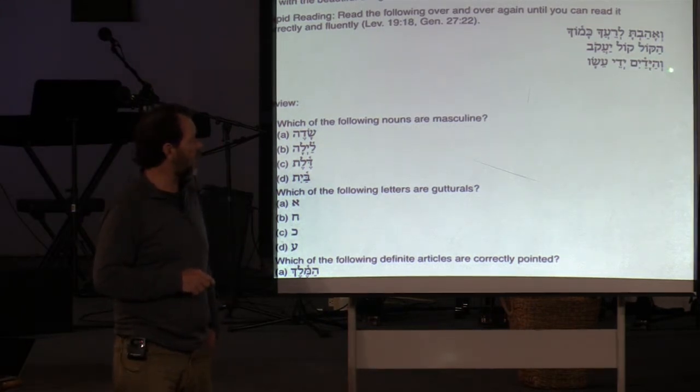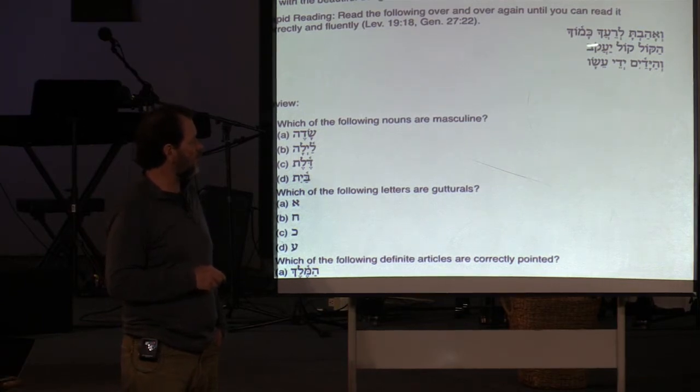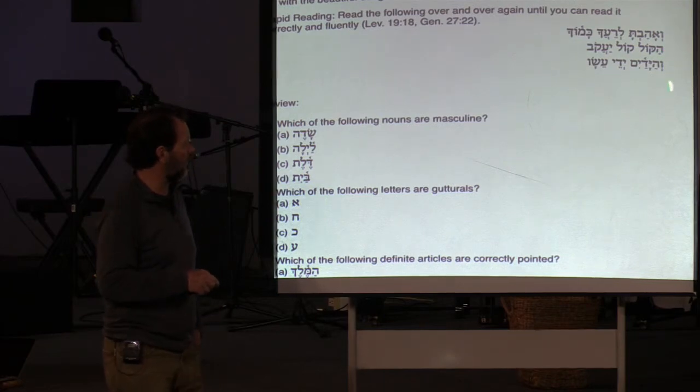Let's try it one more time. Ve'ahavta le'riacha kemucha. Hakol kol Yaakov ve'hayadayim Yadei Esau. So, let's just break out the two. I should have done that to start with. I was thinking that in the middle of this whole thing.